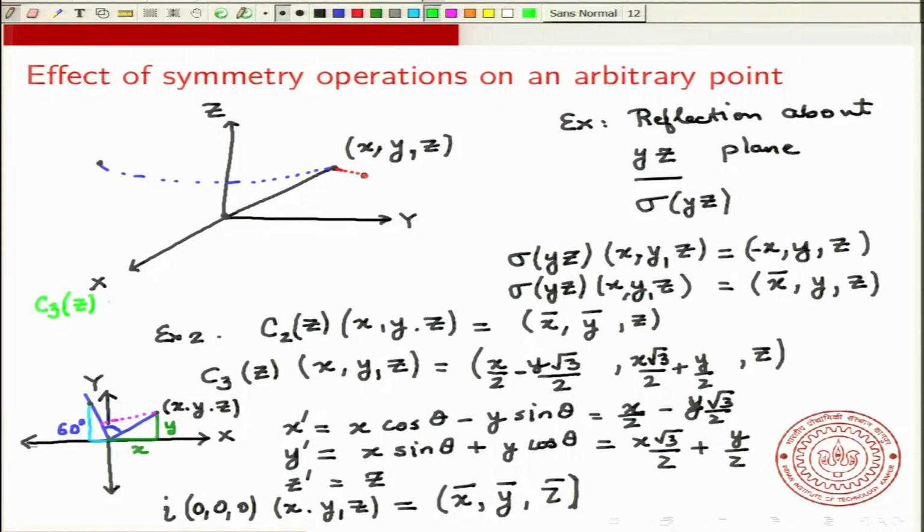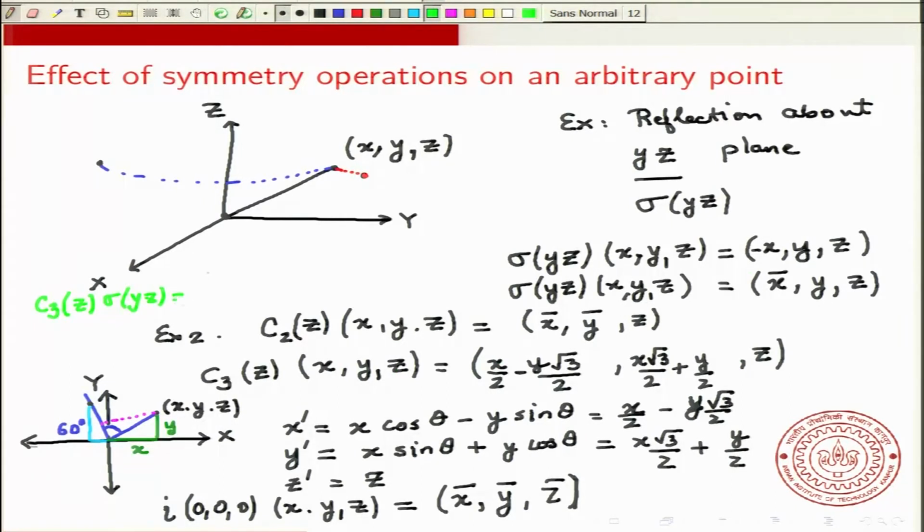operated on, I mean first sigma of yz, that means first you do sigma yz, then you do C3. So, sigma yz will give you x bar y z. Now, C3 will take x y z to this, so all I do is replace x by x bar.